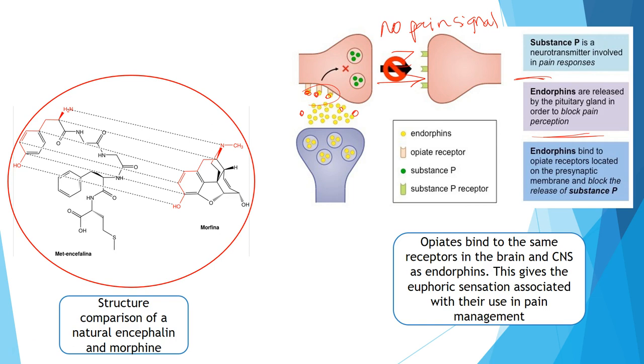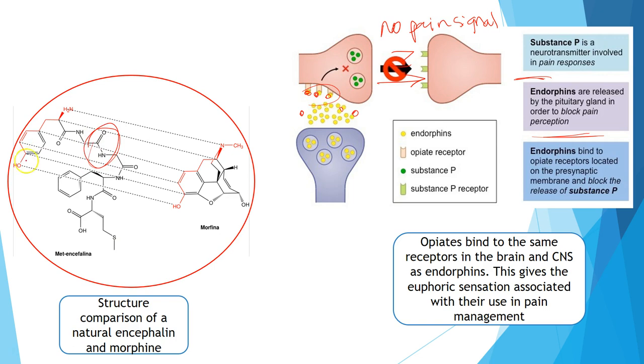If we compare this, methenkephalin here is a natural endorphin. It's a peptide-based natural endorphin made by our body, and we've talked about these amide groups being quite common in natural substances.